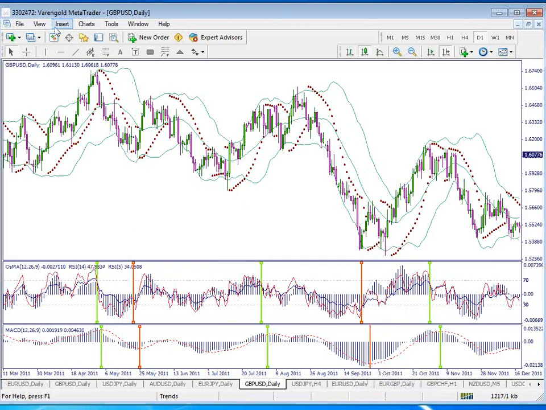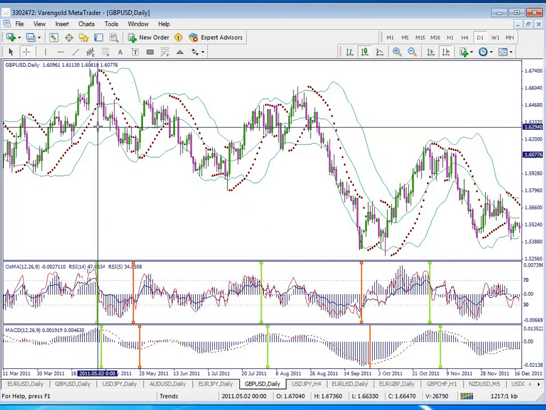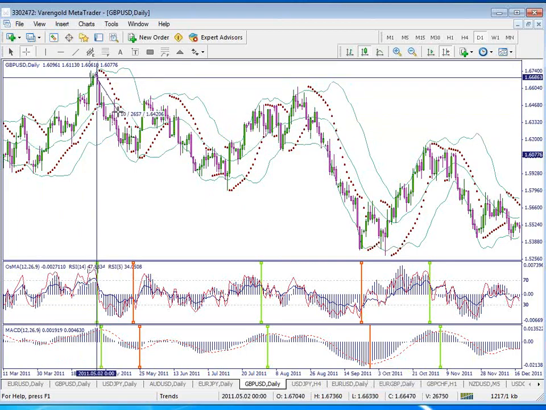So what we can see, if I'm looking at this signal, I have about 16 candles up to the next opposite signal. So I have 15 days to look at this trade and just to stay in it and take some profit. 15 days is a reasonable period of time for any type of trader.